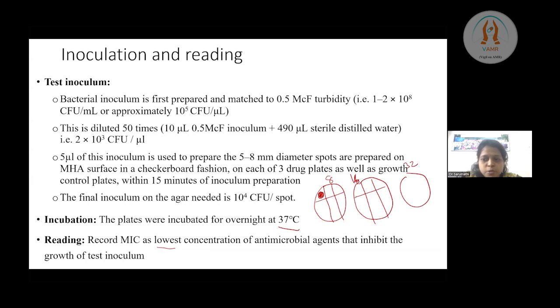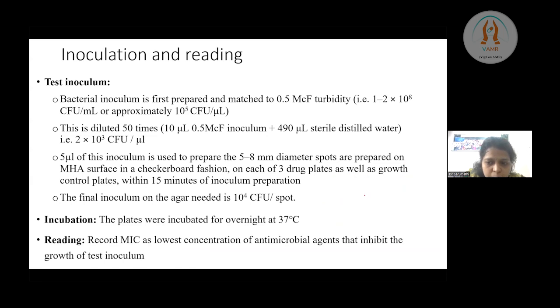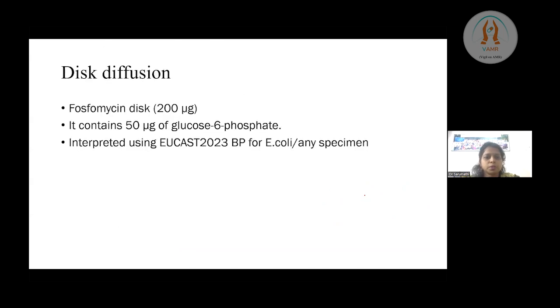And in all the higher plates also the growth should not be there. So you have to interpret the lowest concentration that totally inhibits the growth of the test inoculum. Here we don't have growth, so 16 microgram is our interpretation. Like this you have to record the interpretation.